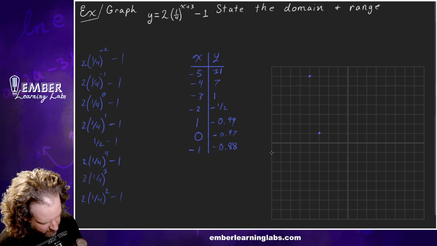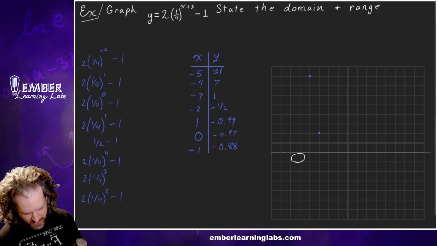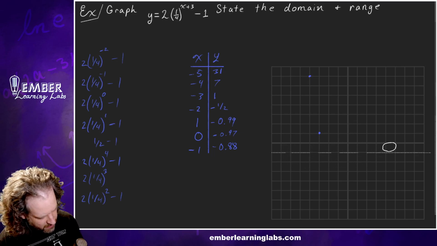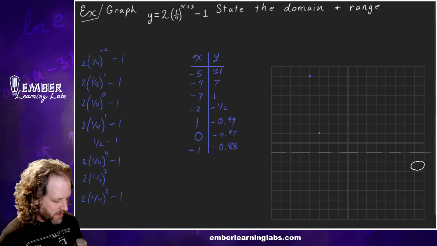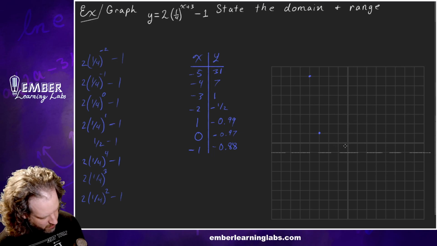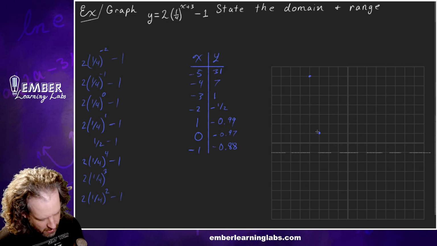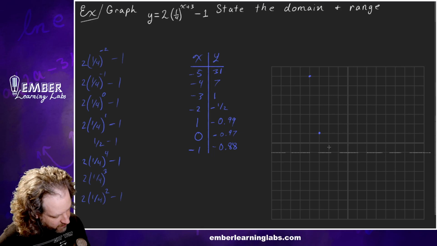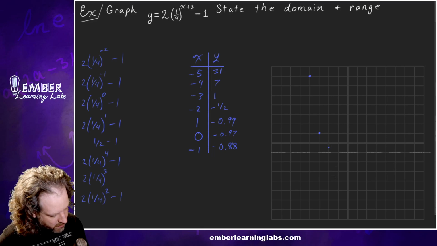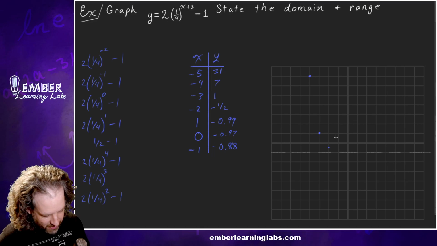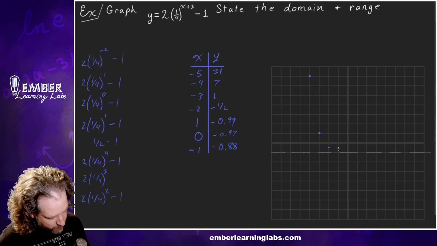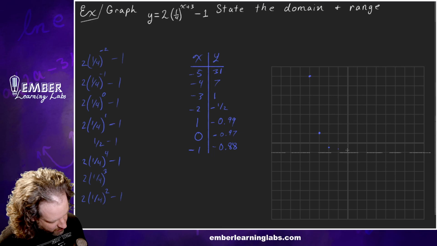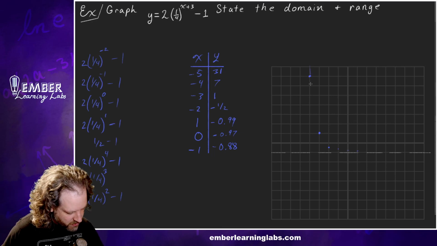Let me dot in our new asymptote at negative 1 down there. And then negative 2, negative 1/2. And then negative 1, negative 0.88, and 0.97, and then even closer, and we just get closer and closer.